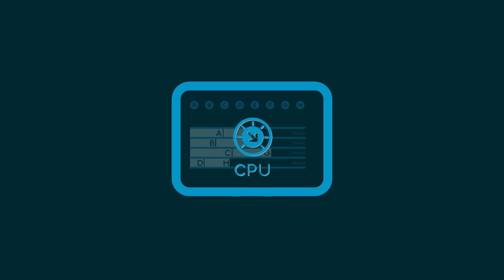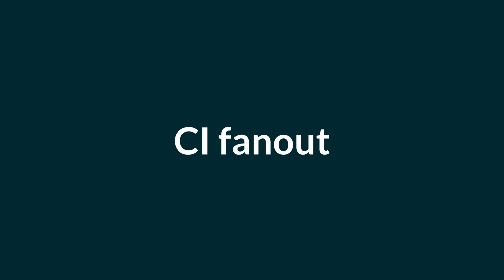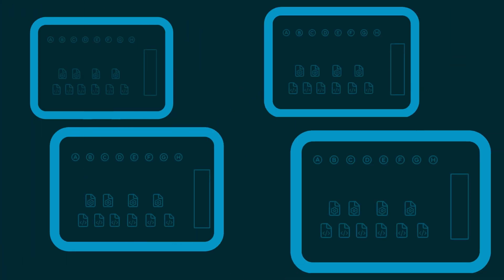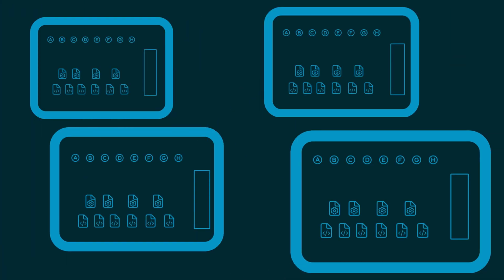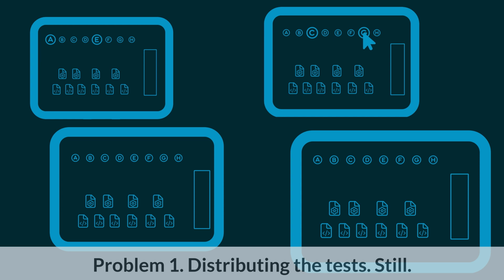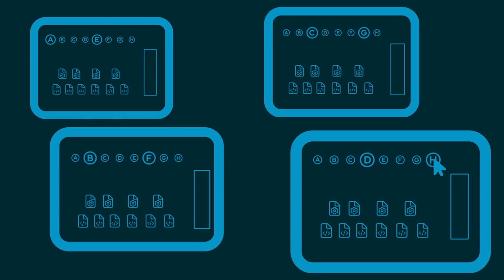Another approach we can try is called CI fanout. CI fanout creates multiple CI jobs per build, with each job running on a different agent. That gets us past the single machine issue, but we still have problems. First of all, it's up to us to figure out how to balance the load evenly.